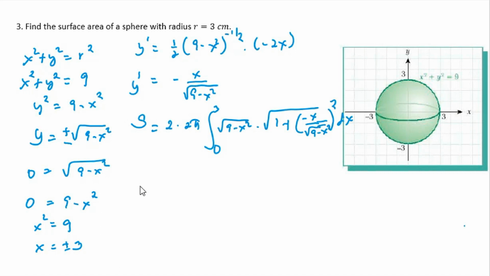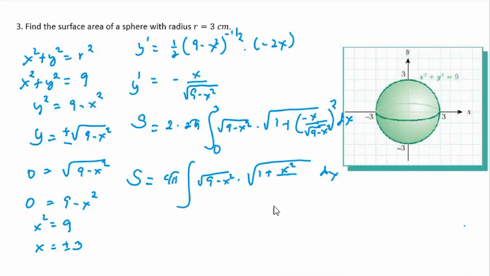Simplifying this further, we have S equal to 4 pi times the integral of the square root of 9 minus x squared times the square root of 1 plus the square of this, which gives us x squared over 9 minus x squared, from 0 to 3.